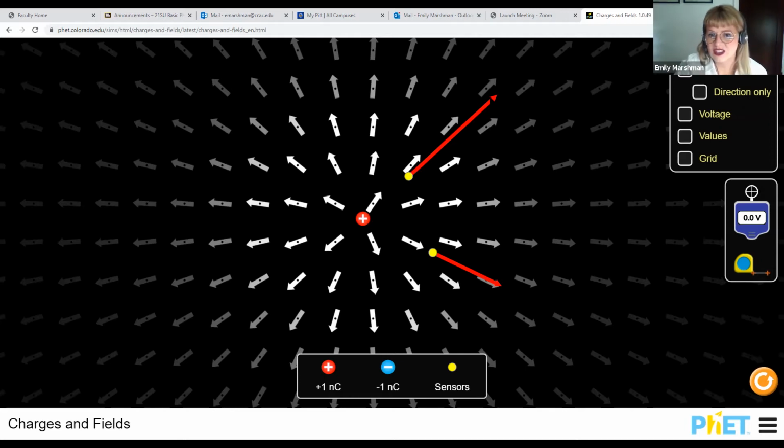That's the direction of the electric field at that point in space. Down here, if I place a positive test charge, the force points out, the electric field points out. So this is what the electric field would look like for a single positive charge.